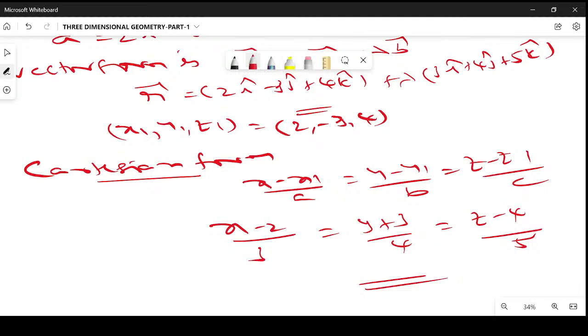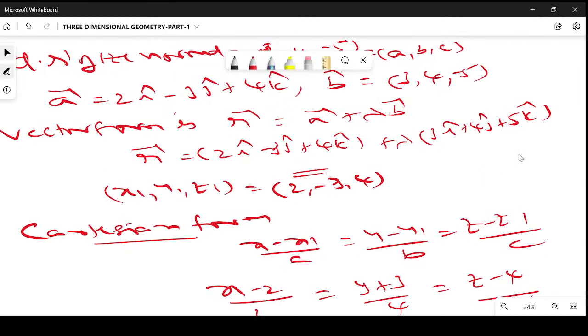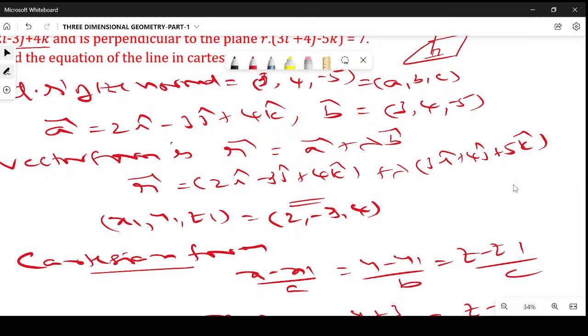No, 3, 4, minus 5 is given. You should be careful. Got a doubt? See, 3, 4, minus 5, so you should correct this. I can write this one as minus 5.